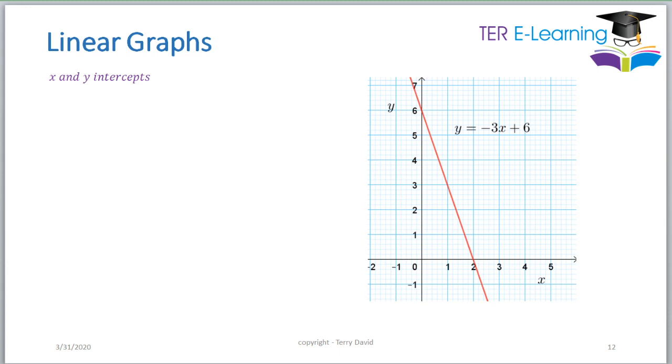So I'm seeing Dirella saying x-intercept is 2, 0. And the y-intercept, Giovanni is saying y-intercept is 0, 6. All right? Now, let's take a look at the graph. So, my x-intercept is where I'm cutting my x-axis.